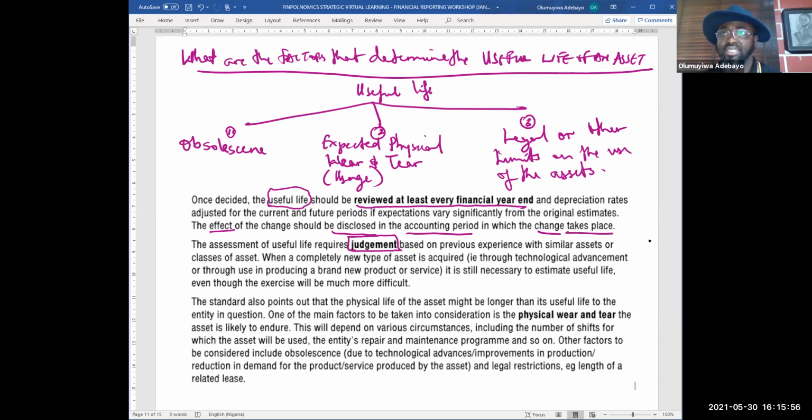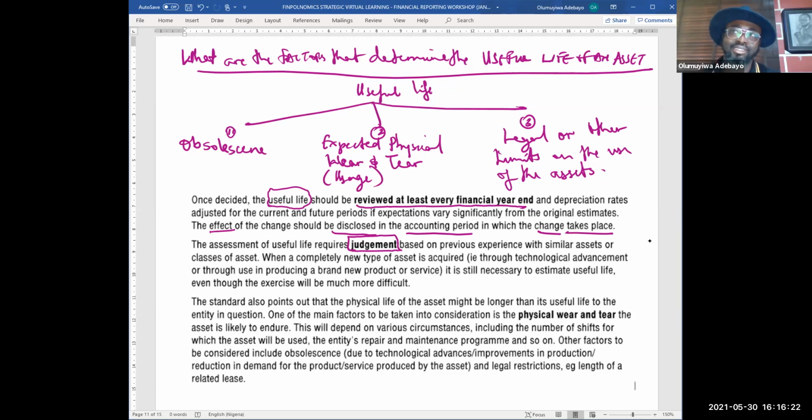Does that make sense? Which means on no basis, if you have done what the standard requires you to do every year, in each of the years, you will have ascertained whether the asset might have extended life or might have accelerated life. Extended life means that the asset can be used beyond your initial estimated useful life, which means you have to now revise and increase the useful life remaining.